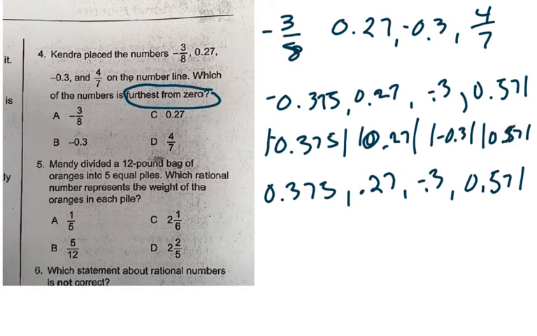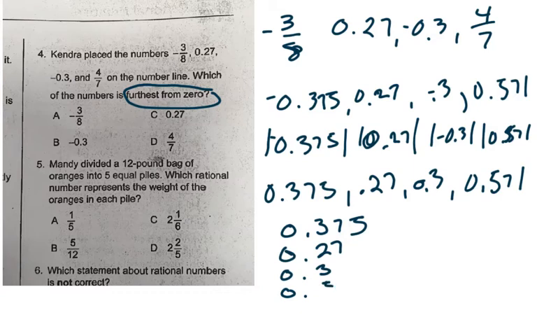So then you're just looking, which one of these is the biggest number, right? Well, I know if I line these up by decimal point and place value, and fill in my zeros, now I can compare.